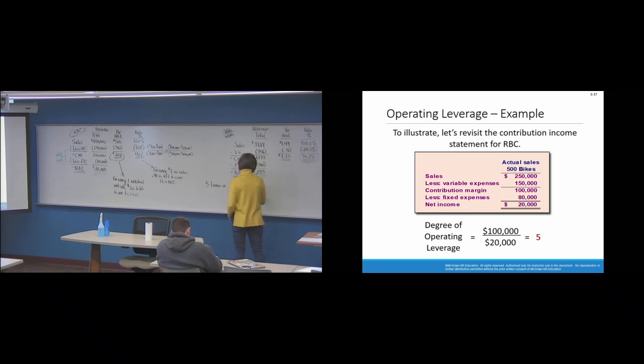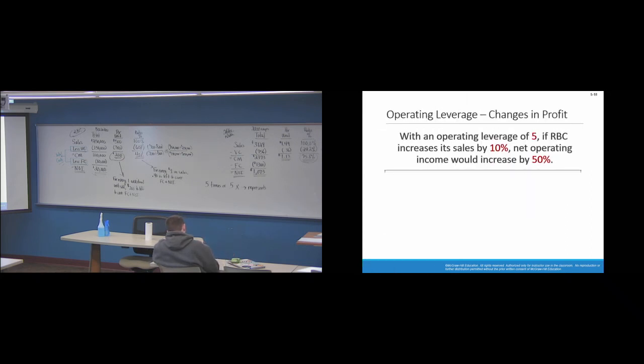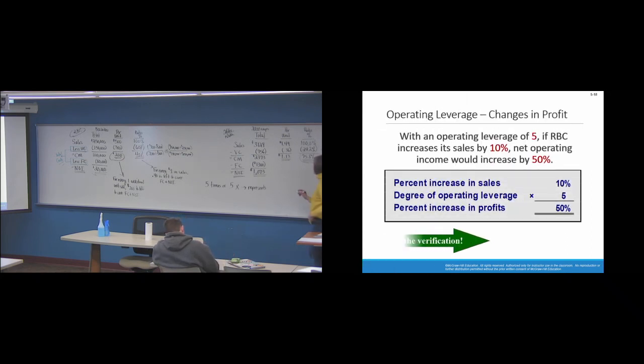It represents, and you want to write this down, the number of times, there's that word times, by which operating income will increase for each percentage increase in sales.